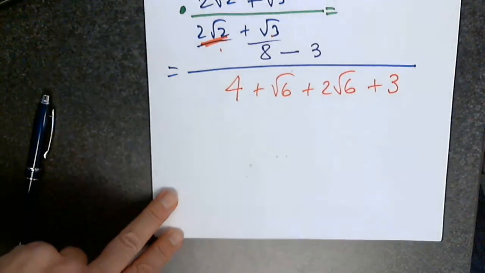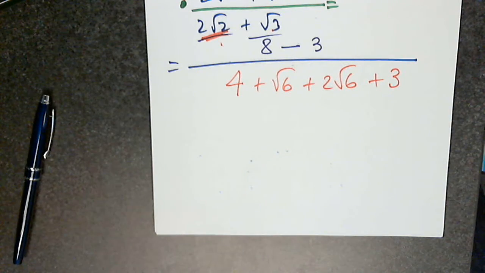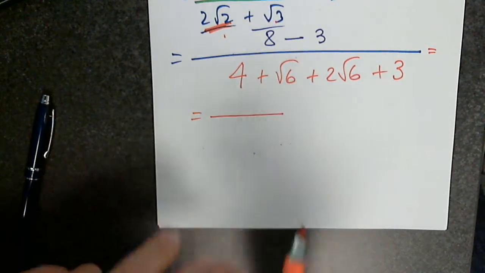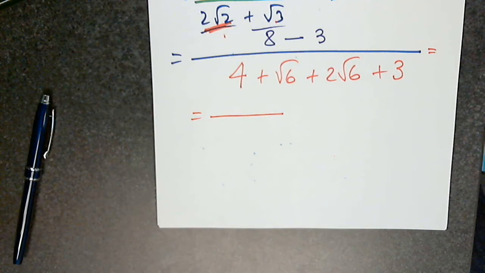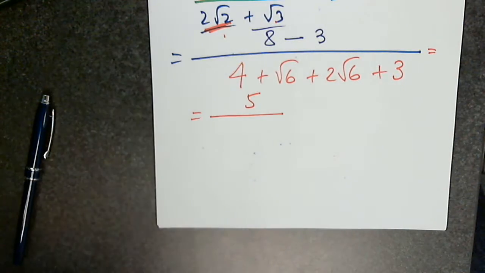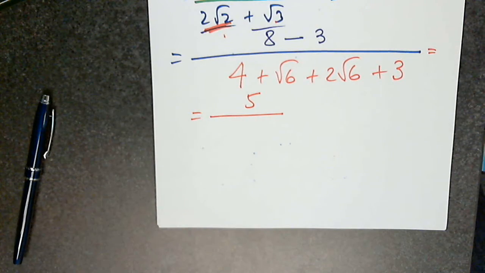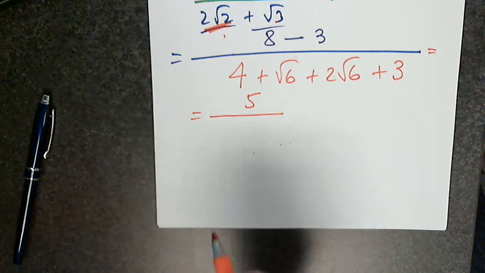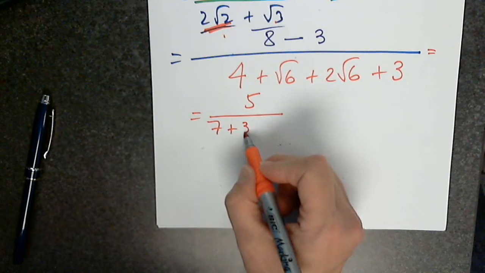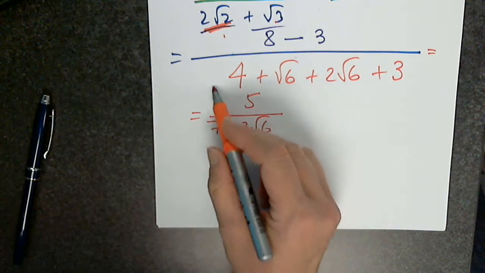Very good. Yes, I will combine like terms at the top, and I will combine like terms in the denominator. When I combine like terms at the top, I get... When I combine like terms in the denominator, I get... plus. Yes, that's it.